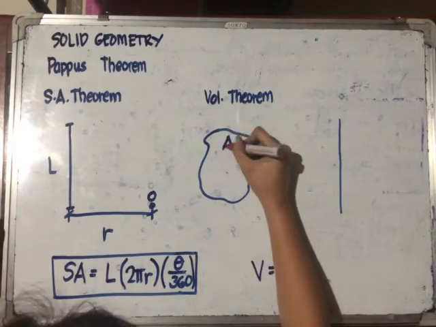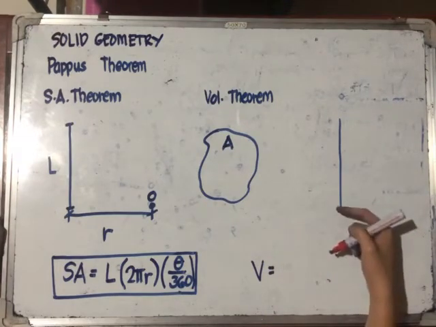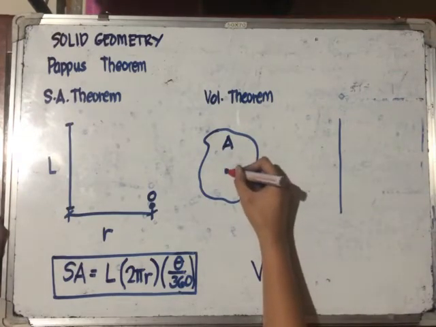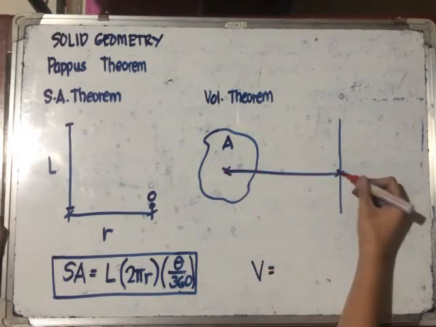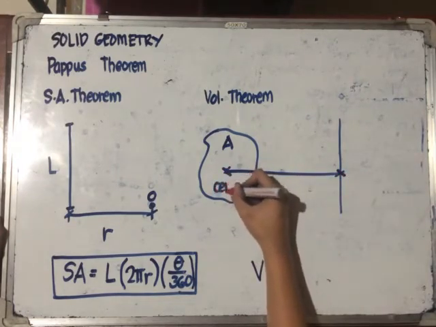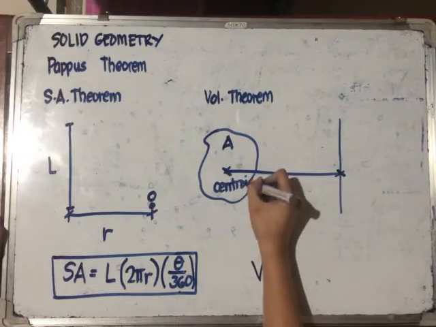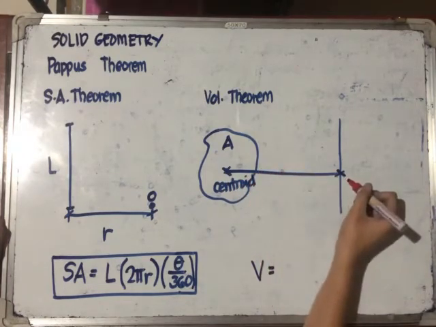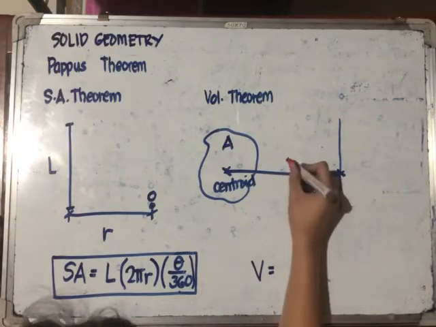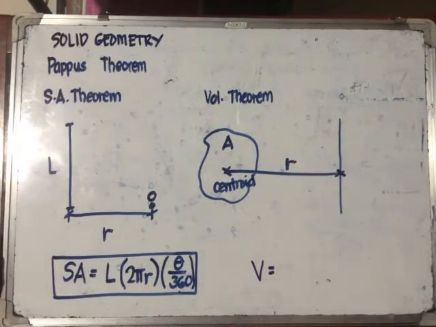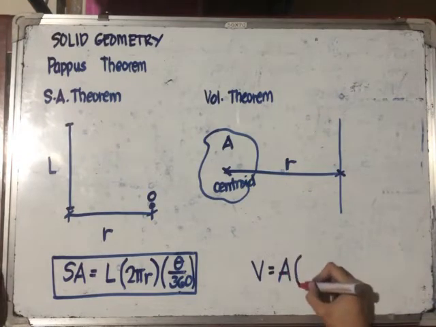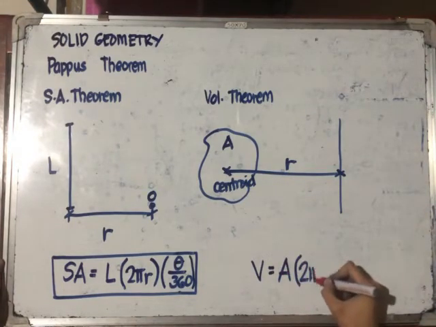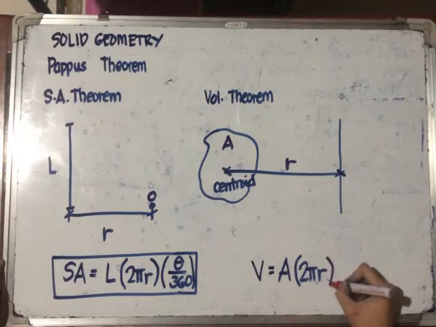You have an area here, and this is your point or axis of rotation, and you need to get this distance r. Ang distance r na to is from the centroid of the area you are rotating towards the point of rotation. This is your r. Okay, so the volume mo daw would become your area times the path of rotation 2 pi r pa rin.